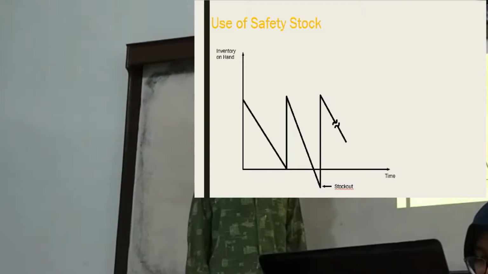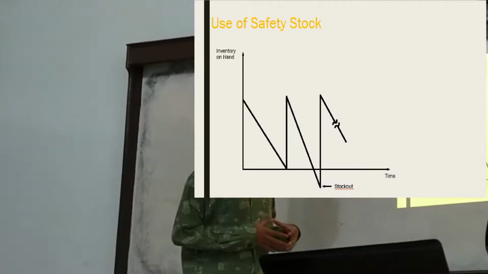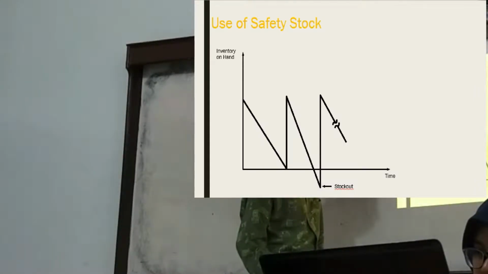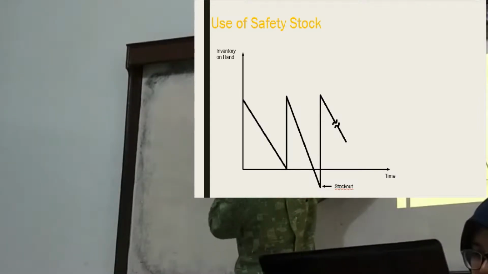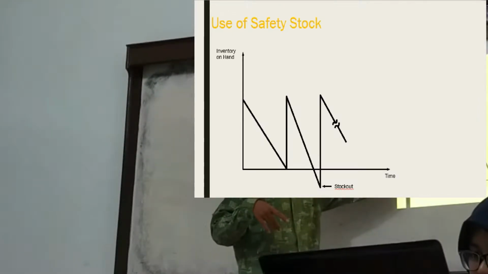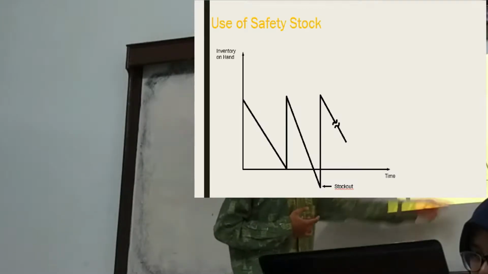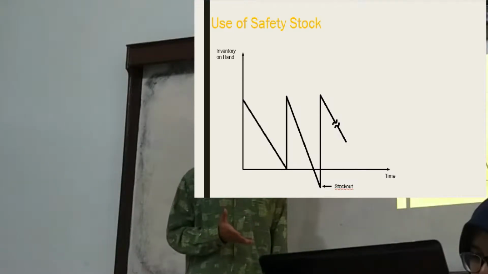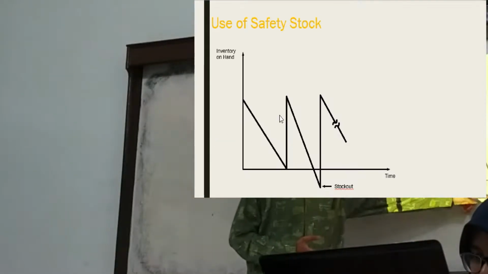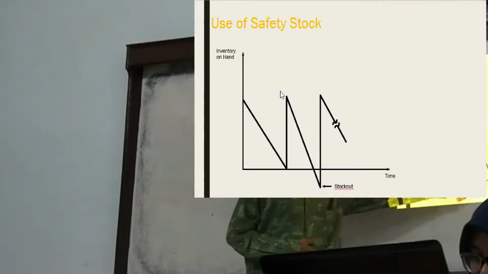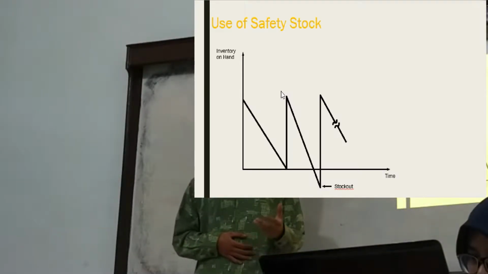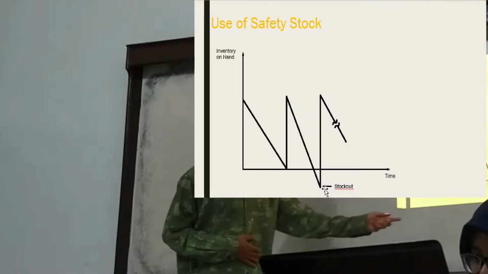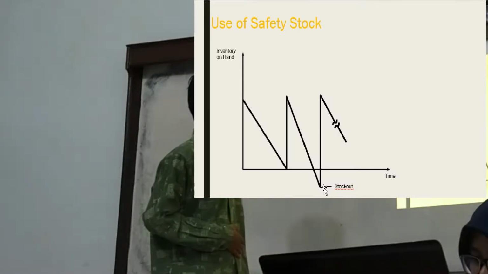At first, we get the product in our inventory here, but time by time, the product in inventory always decreases because of production. When demand is so much, then we get a stock out, or the demand is higher than the stock that we have. So we need the safety stock.